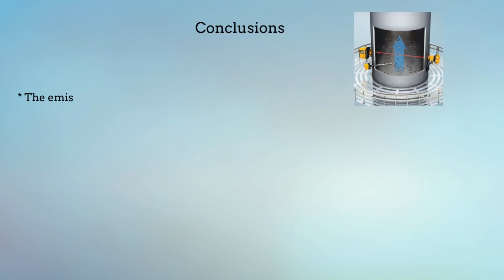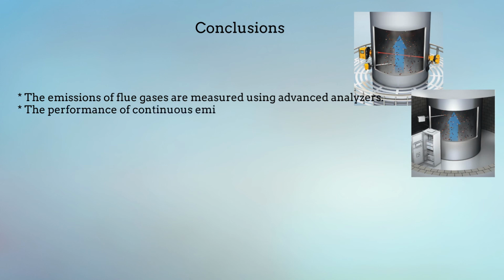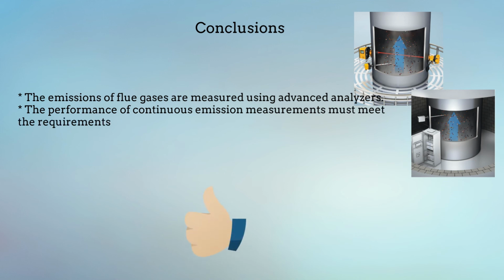In situ and extractive measurement analyzers are used for the measurement of flue gas emissions in power production. The analyzers must fulfill the requirements of authorities and power production companies.